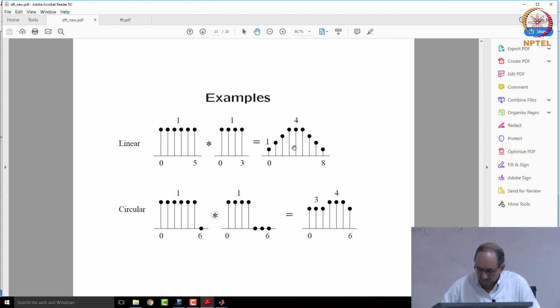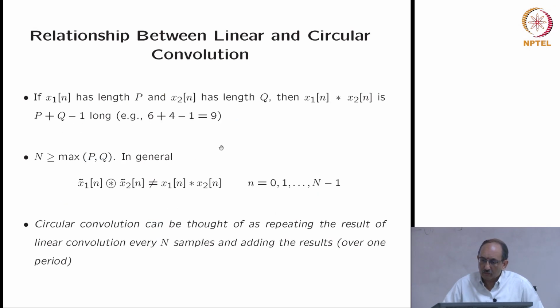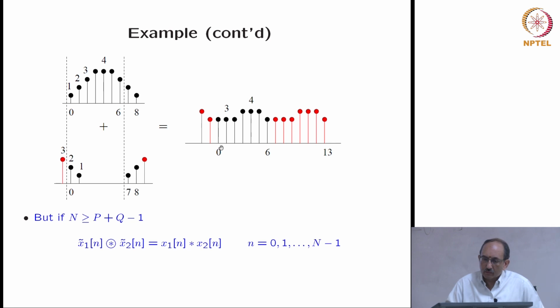And to see that, so this is the result of linear convolution. Now you need to make this periodic. The periodicity has to be 7. So you take this and shift it to the right by 7 samples, which means you will go beyond this dotted line, and then take the same thing and shift it to the left by 7, you will get this.